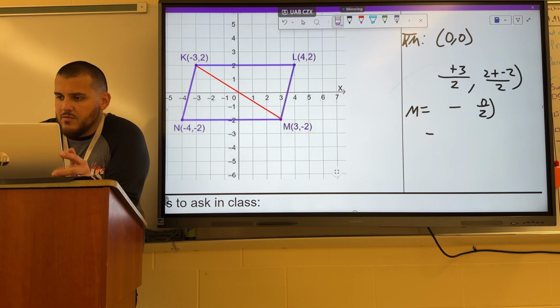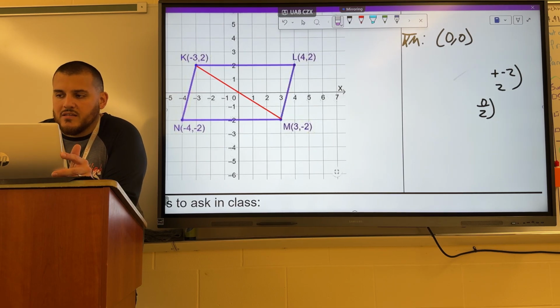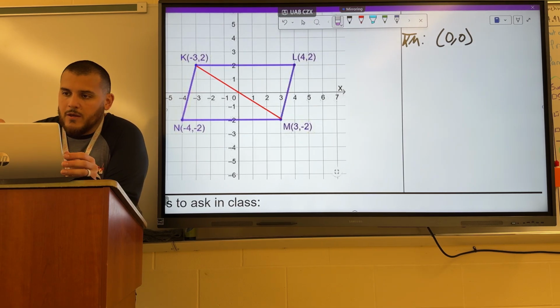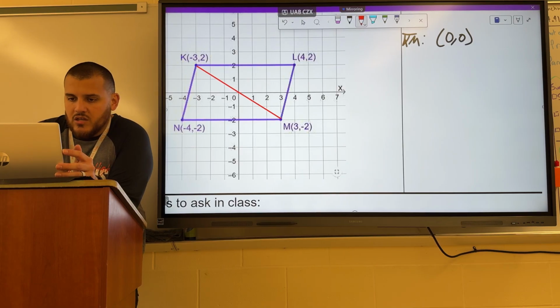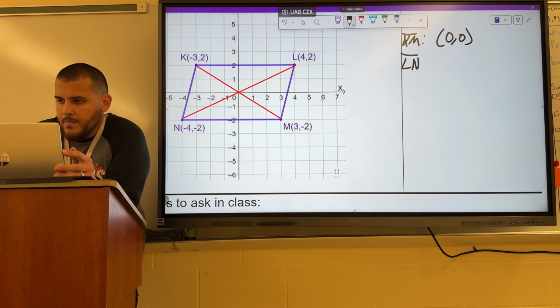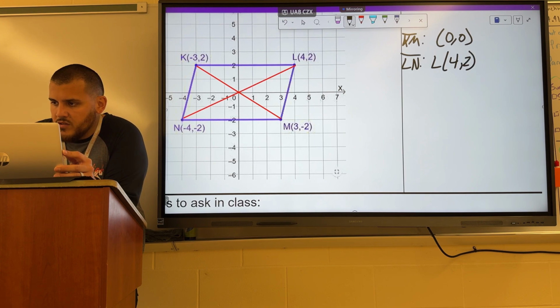Now we're going to do the same thing with the other diagonal, and if it has the same midpoint, then we know that our diagonals cut each other in half. So we're doing that with LN as well. Okay, point L is located at positive 4, positive 2. Point N is located at negative 4, negative 2.